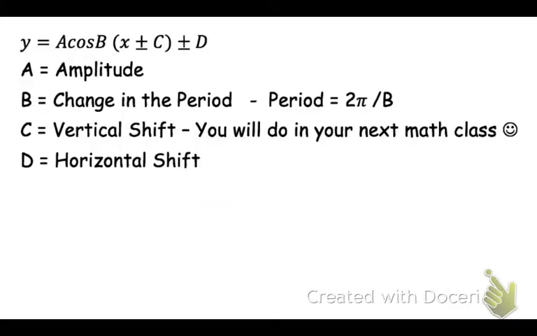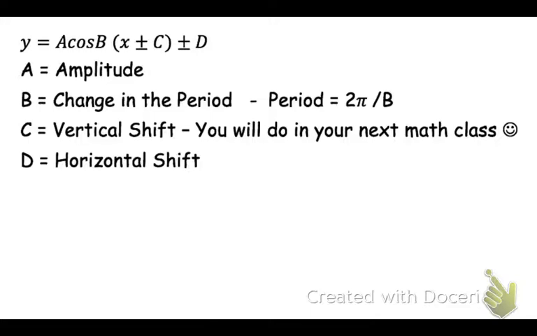Now, where are all these letters coming from? This is a completed equation with all of the letters we have discussed. Y equals A cosine B parentheses x plus or minus c close parentheses plus d. The A in the front represents my amplitude.